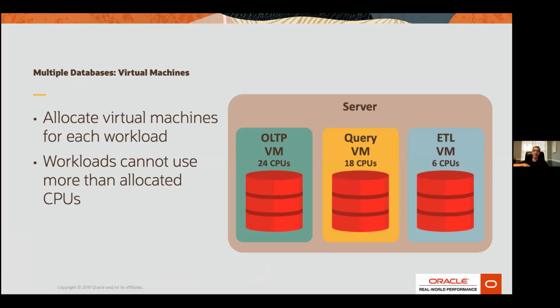If you have multiple databases, you could simply put them in different virtual machines on the same server and just allocate CPUs to them. That has the advantage of dividing things up, but may not be very flexible, because if one workload's not running, that CPU is not available for the other workloads.